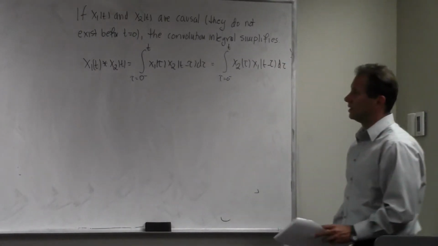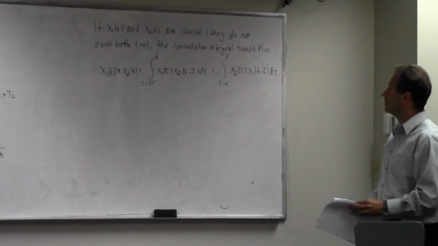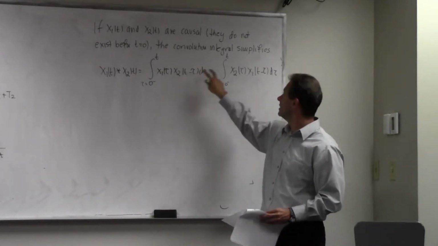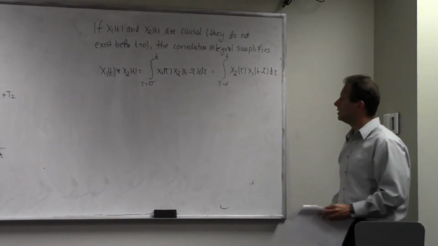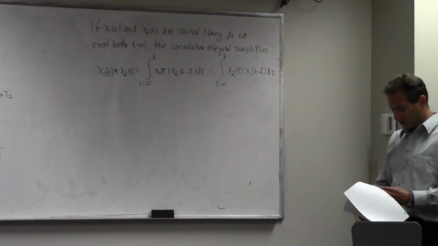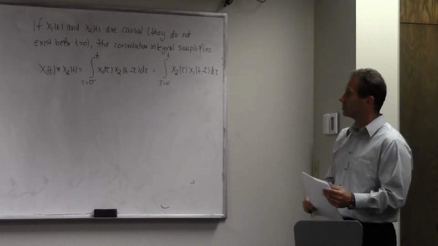And we use this property quite often to simplify the calculations, right? Along with the commutative property. Sometimes it's easier to look at it this way, sometimes it's easier to look at it that way. Which one you actually look at is a function of which one gives you the shortest path to the solution.